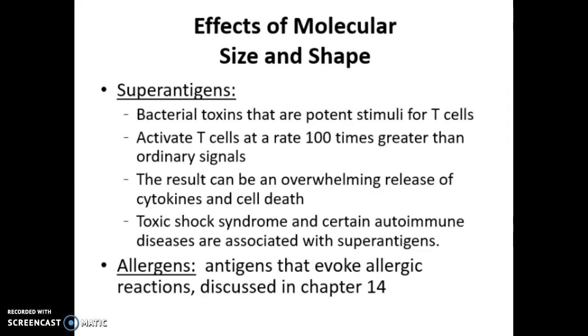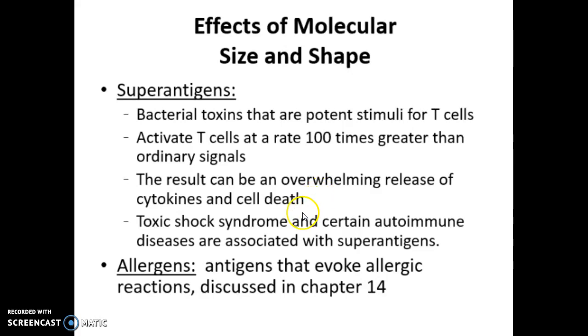But by name, a superantigen binds outside of that T cell receptor. So then it doesn't have to stick with its specific receptor. It can bind to all of the T cells in your body at the same time if it wanted to. And by doing so, it activates the T cells at a rate 100 times greater than normal signals.